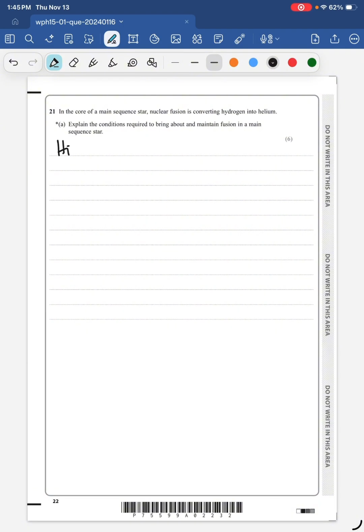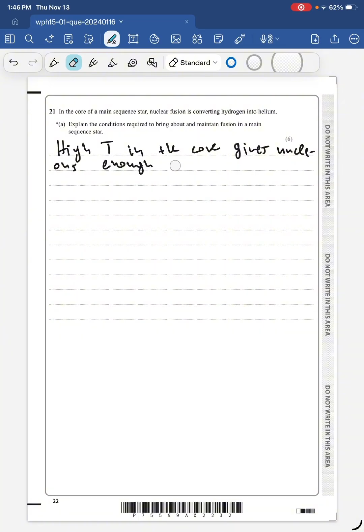So high temperature in the core gives nucleons enough kinetic energy, let's write it as KE to save time, enough kinetic energy to come close and fuse.